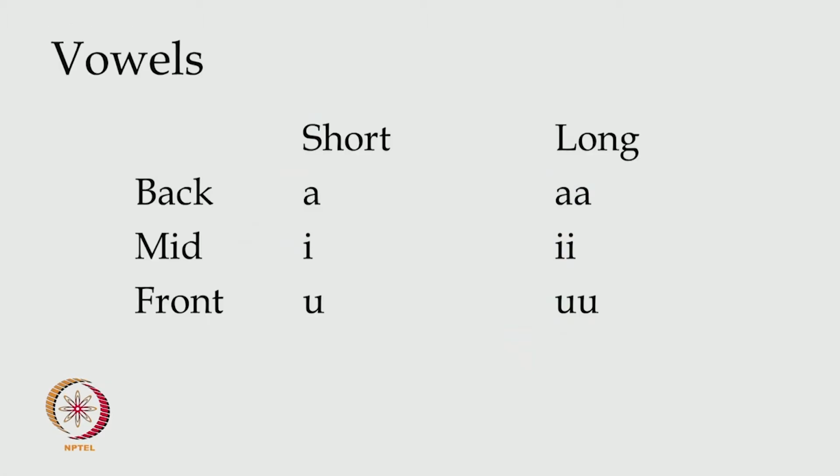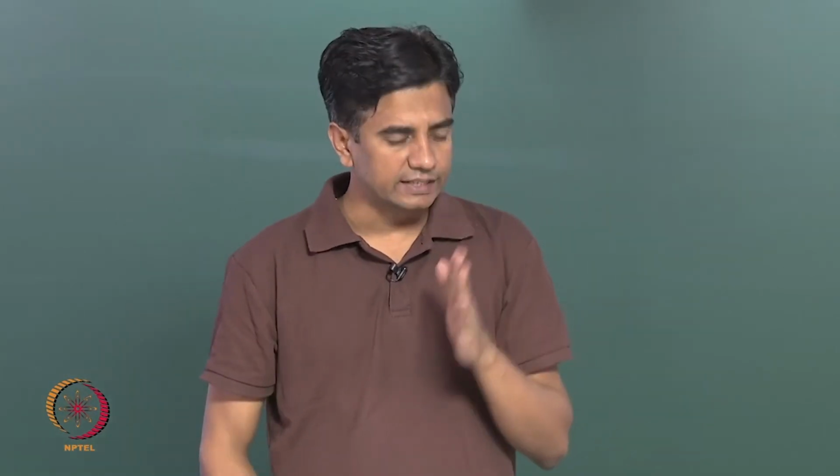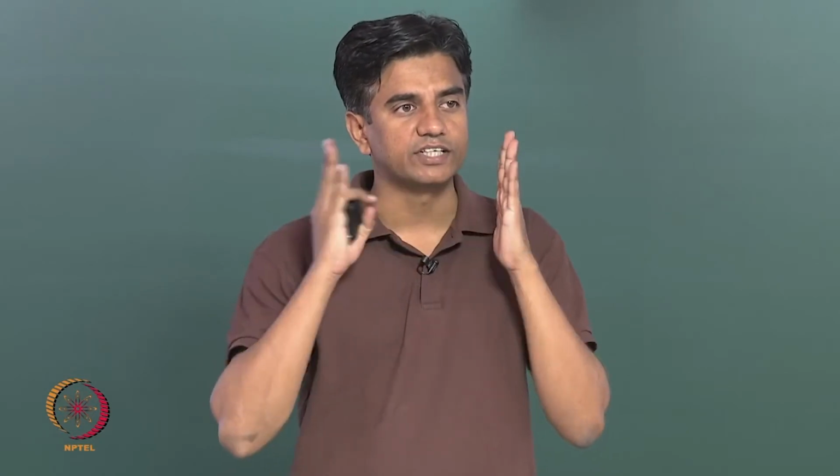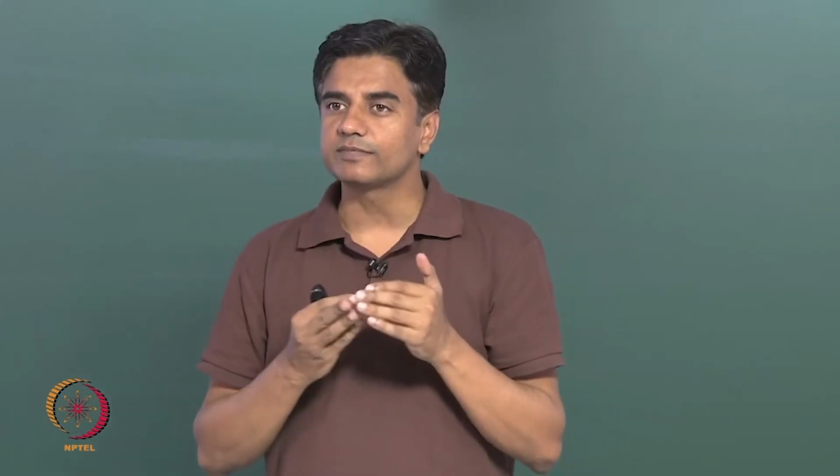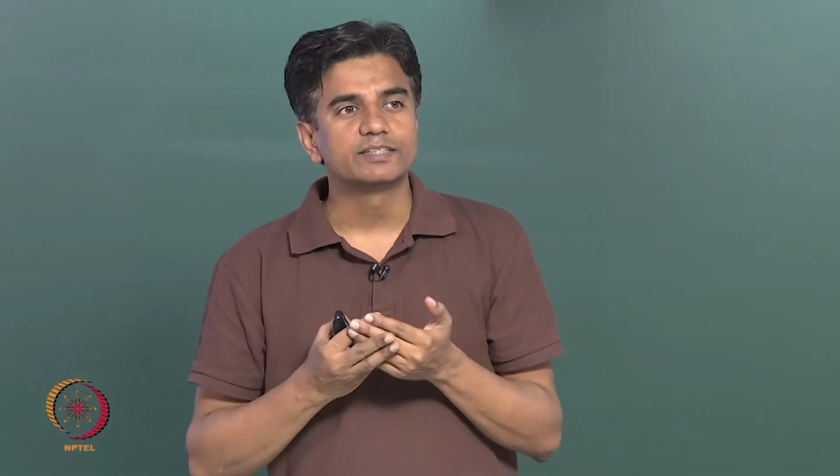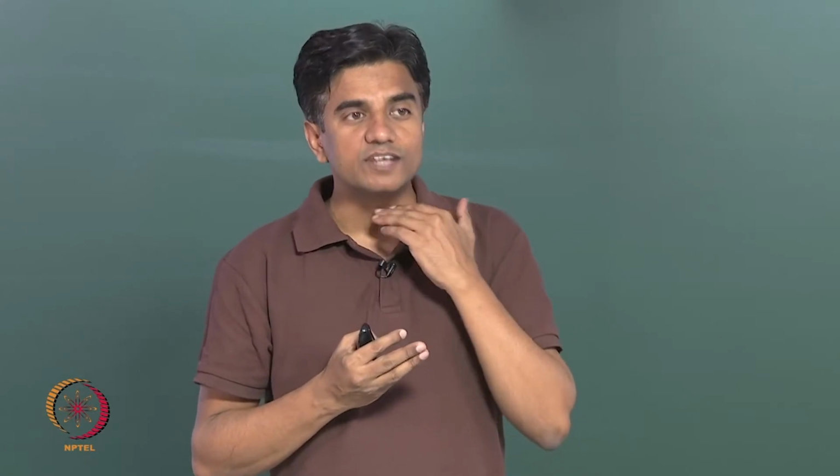Did we see vowel sounds last time? What's very crucial to refresh is there are only 3 places of articulation. That is, we have divided the entire oral cavity into 3 parts: back, mid and front. The reason why it has been divided into only 3 parts is because the obstruction of sound is very minimal.